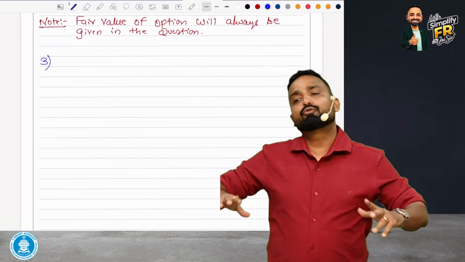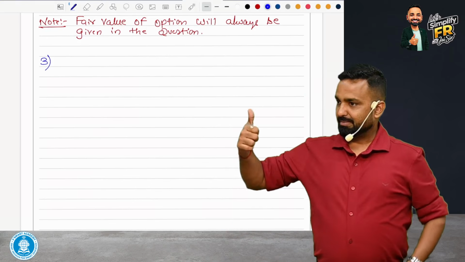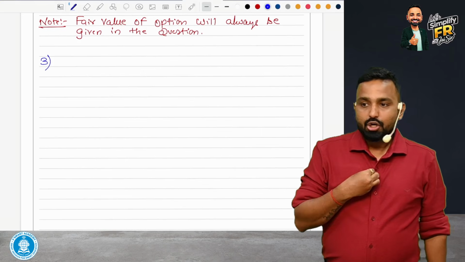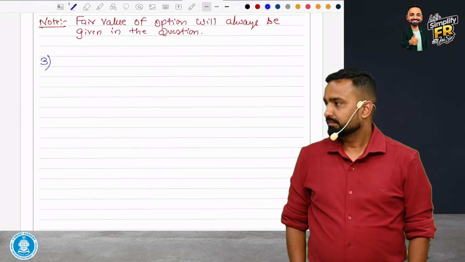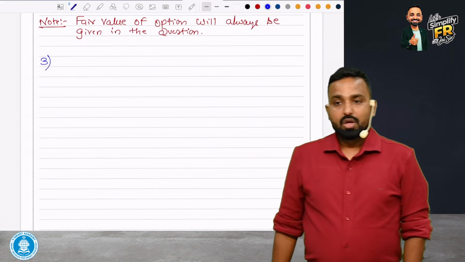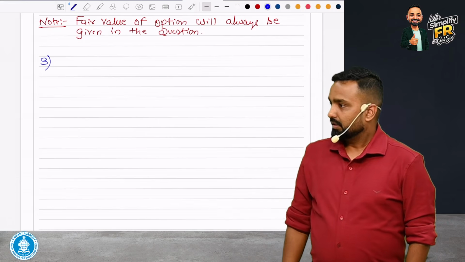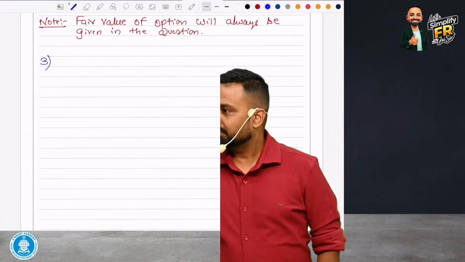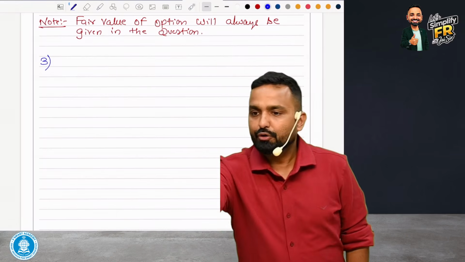Okay, let me give you a few more examples of liability and equity. Example number 1. I have a fixed obligation to pay you 5 lakh rupees cash. What is this? Simple. I have a fixed obligation to give you 5 lakh rupees, but I will give you that number of shares which will cover your 5 lakh rupees. Suppose I took a loan of 5 lakh from a bank.